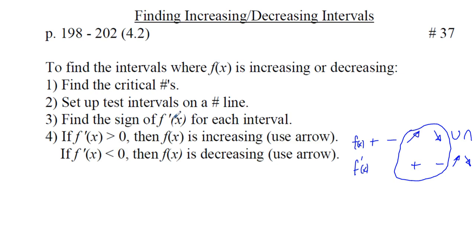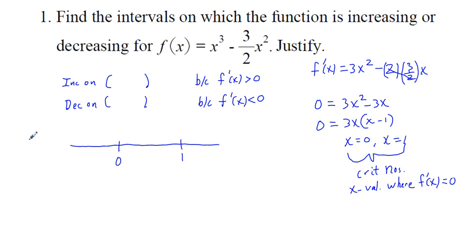Find the sign of f prime of x for each interval. And to do that, I'm going to put above this number line f prime and below f. And what we're going to do is access our little f prime chart that I'm writing here. Remember, plus, minus, increasing, decreasing, concave up, concave down.